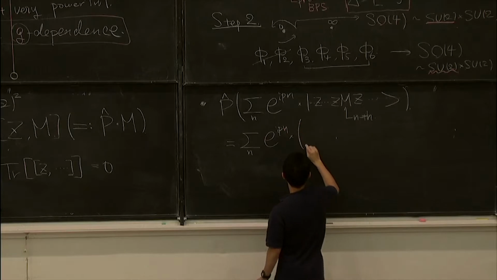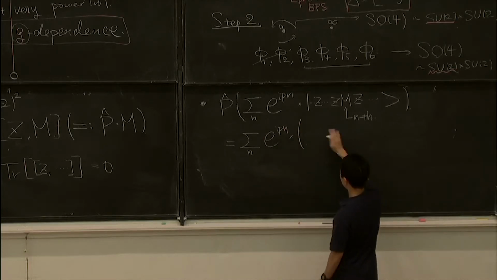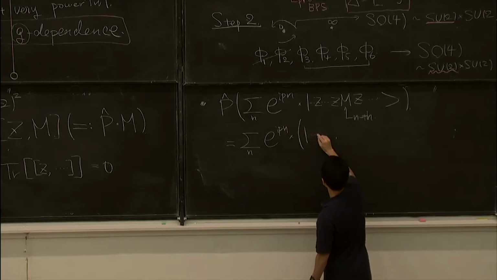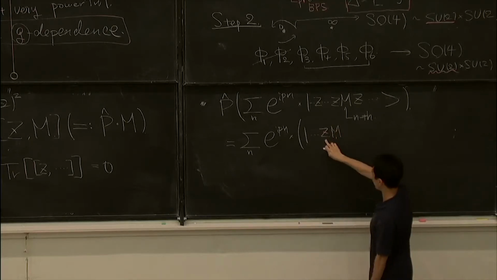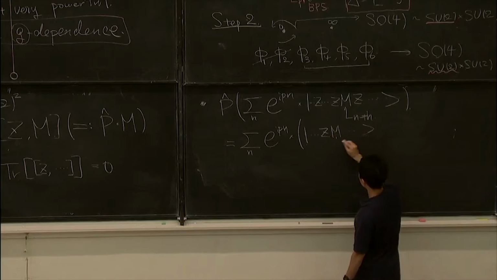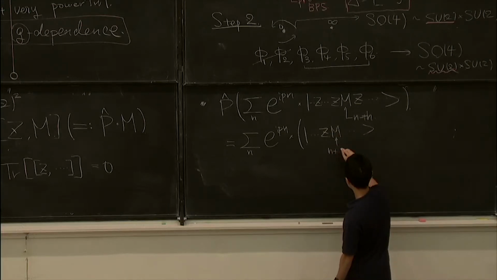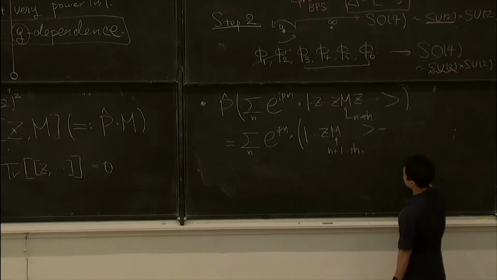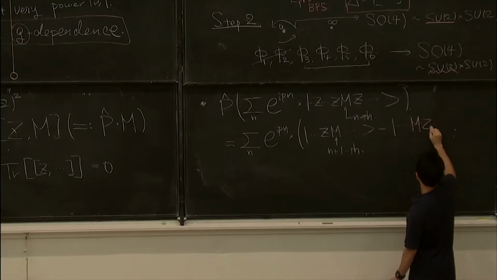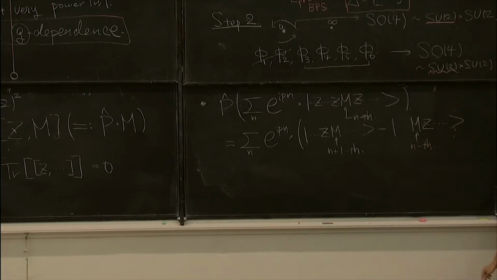Then the result is given by a sum of two terms. And in the first term, you insert Z in front of M. Then originally M was at n's position, but now it is at n plus 1's position. And then you have minus MZ, but in this second term, M is still at n's position.